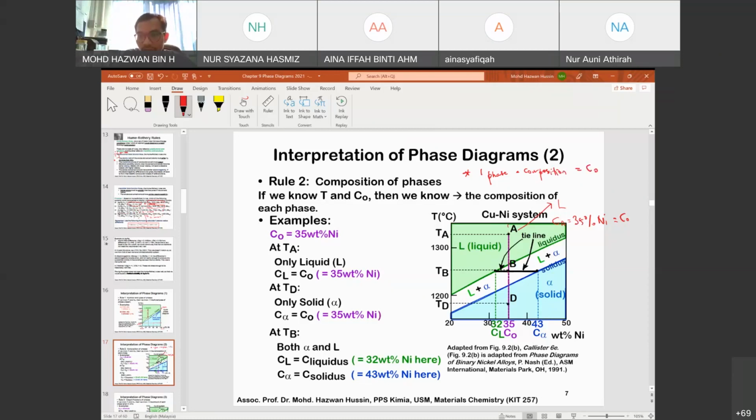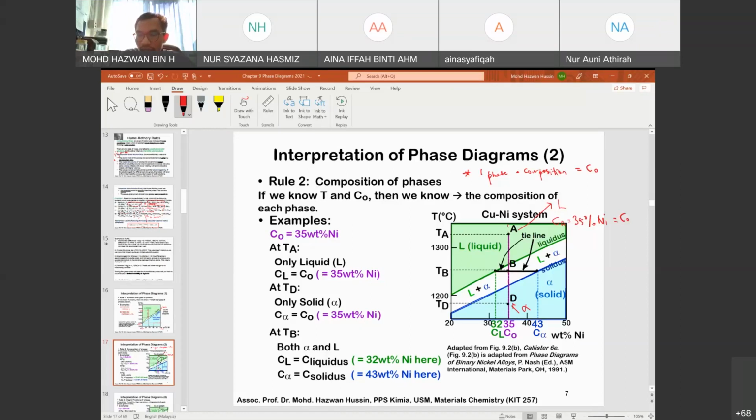Point D is at 35% of nickel and at the temperature of D. You will see that this is actually in the phase of alpha, or solid. So what will be the composition of D?